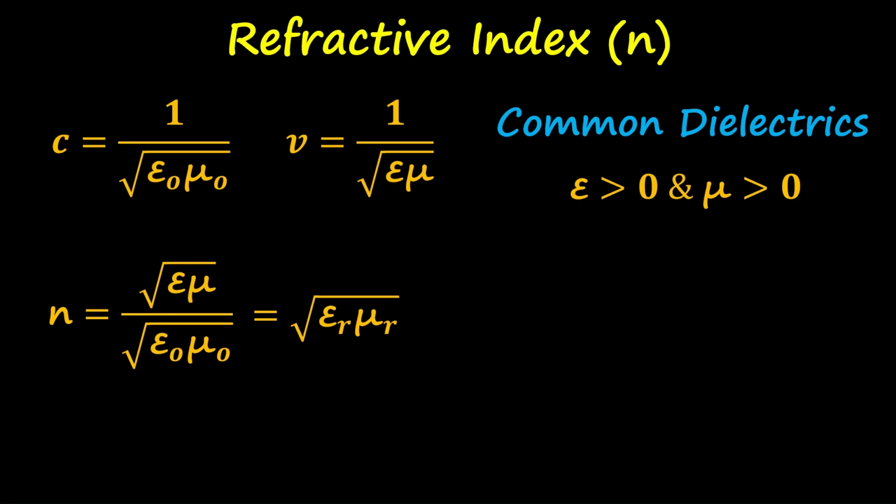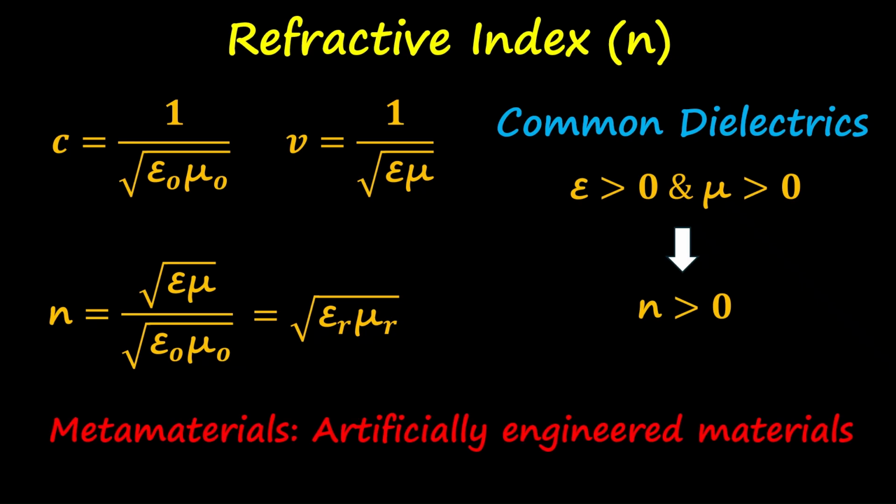So the refractive index is a positive quantity. But in a certain class of materials known as metamaterials, which are artificially engineered materials, the permittivity and permeability can be negative.